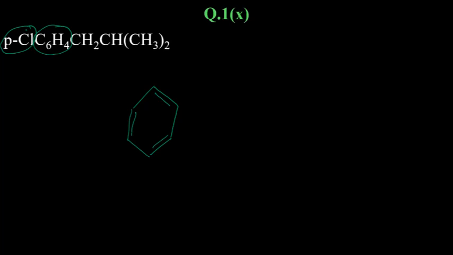But according to question, the para position has chlorine, so one hydrogen gone, C6H5. But the main position also will have something. So main position has this one, CH2, CH, CH3, CH2, CH3 attached to this carbon.